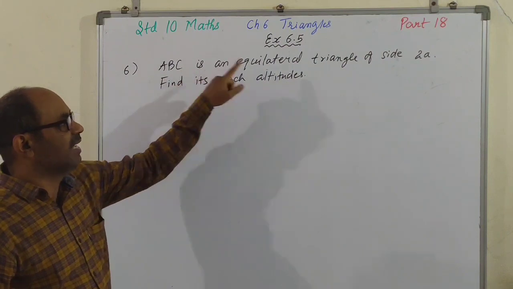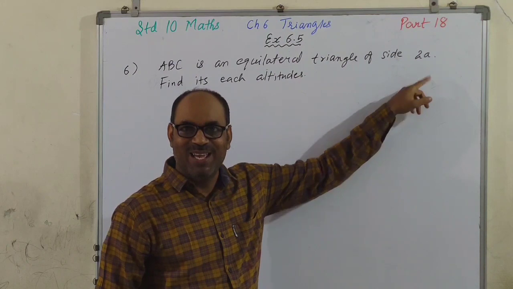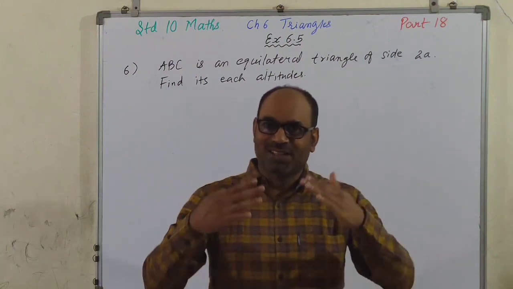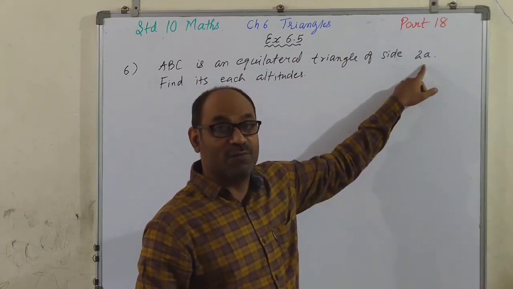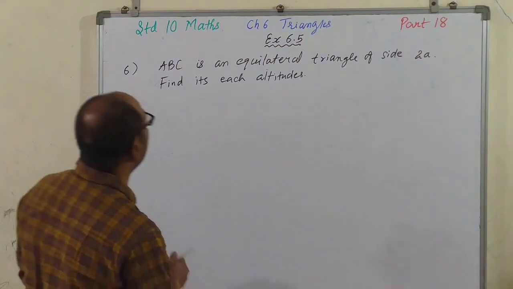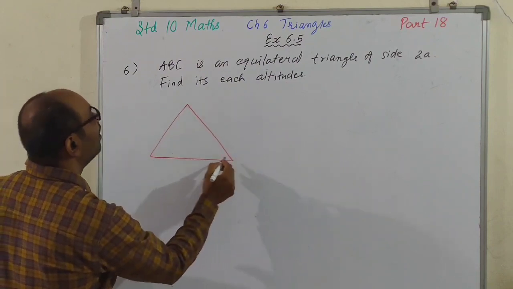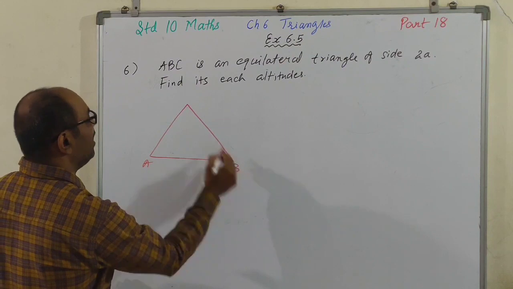Triangle ABC is an equilateral triangle of side 2A. Equilateral triangle. All 3 sides are equal and measure of each side is given as 2A. I'll draw the figure, okay? I'll try to draw equilateral triangle ABC.